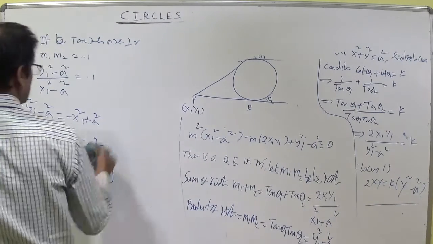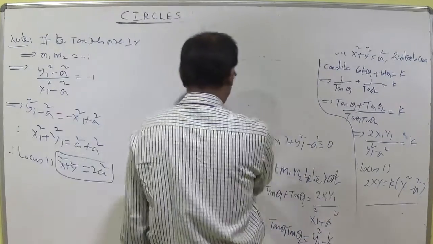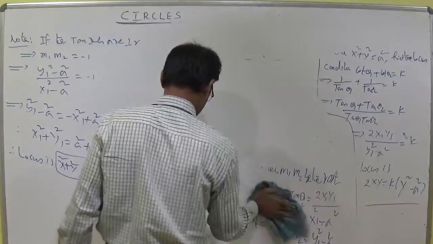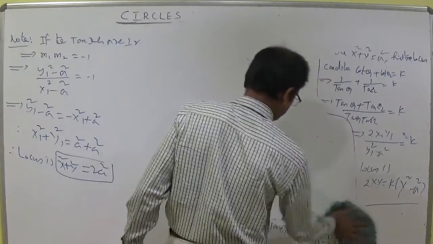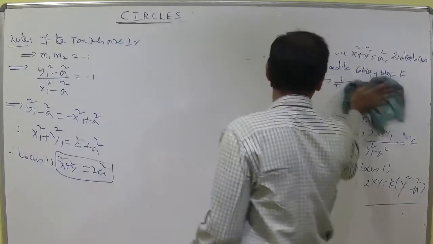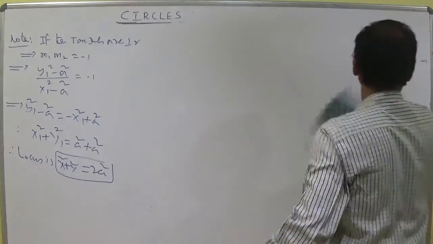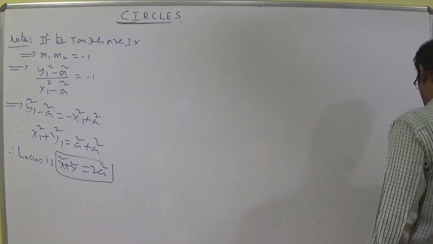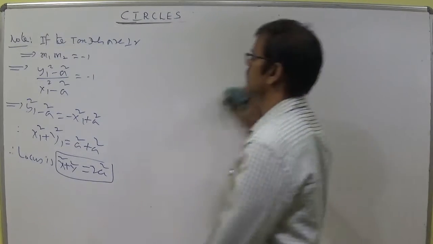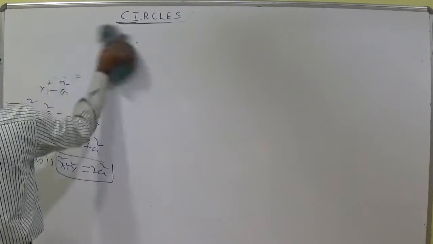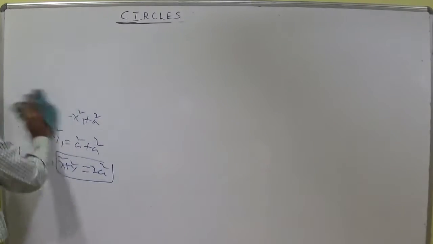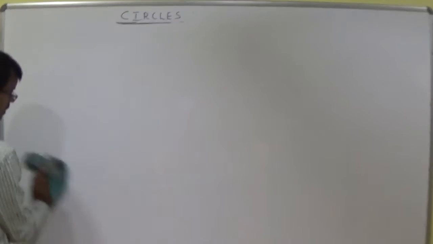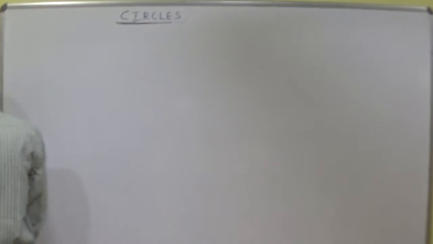Let us write the definition of director circle and concept. This director circle term is not there in IPE. For objective I am handling this concept. Put side heading director circle.